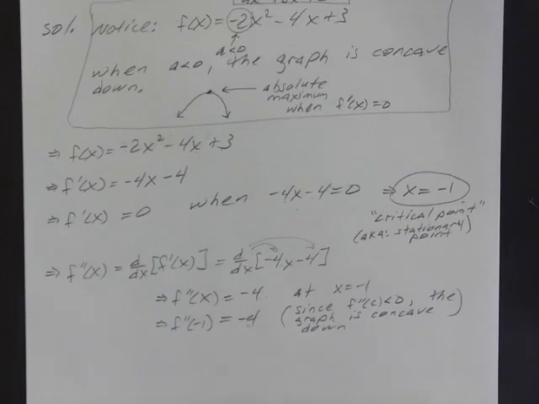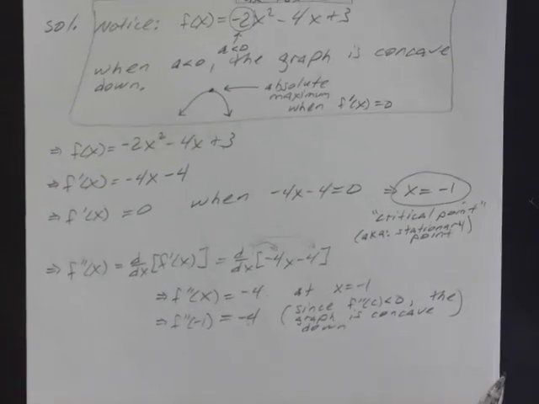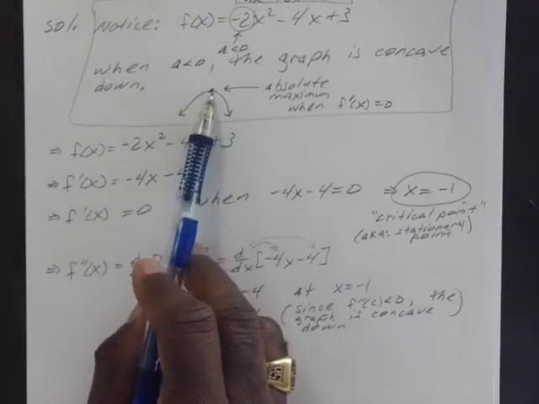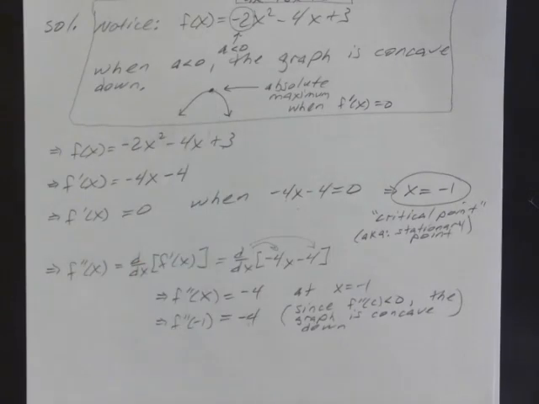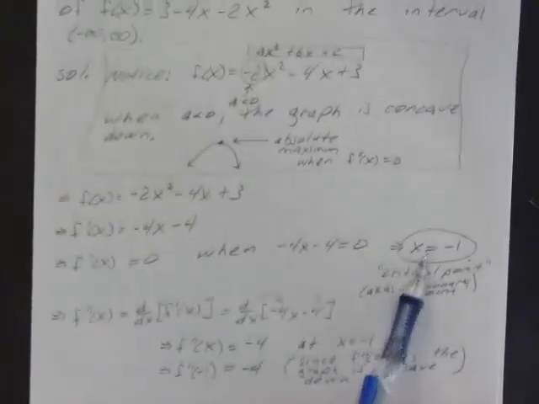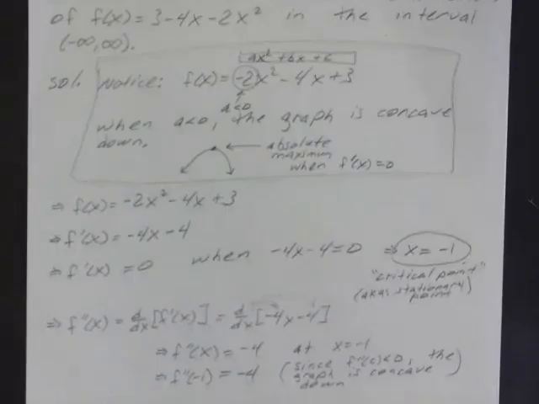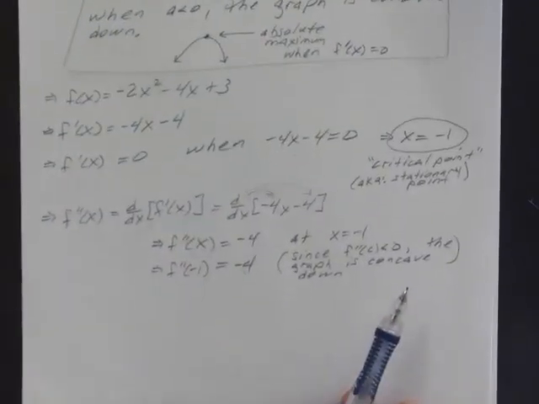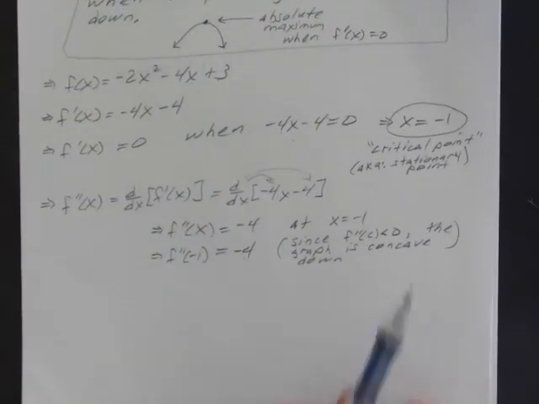Okay. So now we just have to find what that maximum value is. Some questions will ask what the maximum value is, some won't. But all you have to do is plug that critical point into your original function. And that will just give you the y value, which is your maximum.